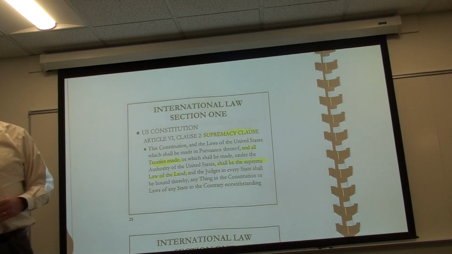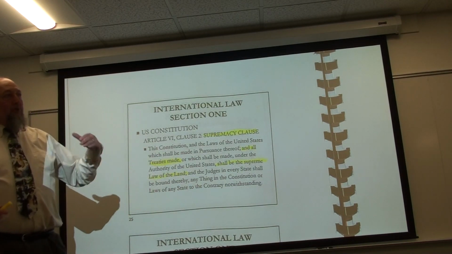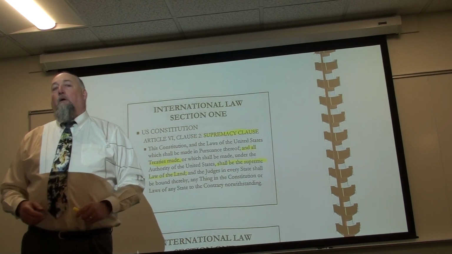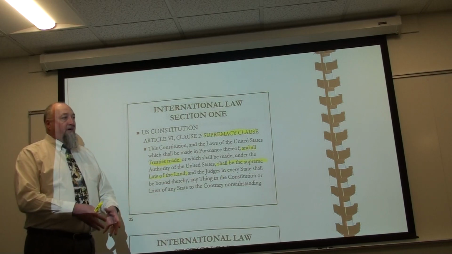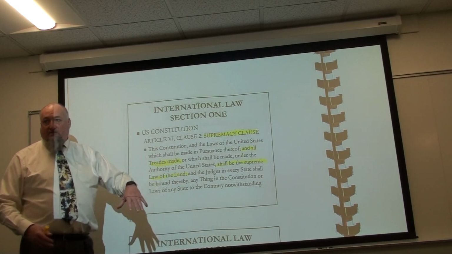This also means that if we have a treaty, a court here in the United States, if a treaty is applicable to a lawsuit domestically, if it's relevant to that lawsuit, then a judge here in the United States must apply that treaty basically domestically.